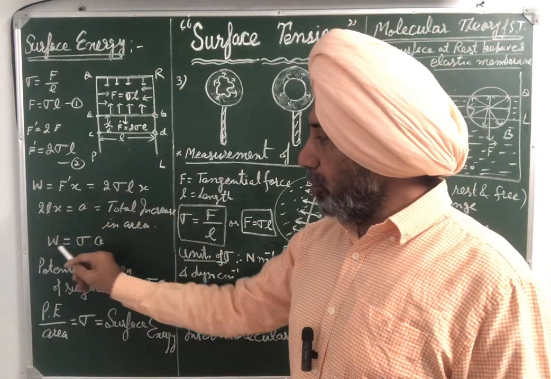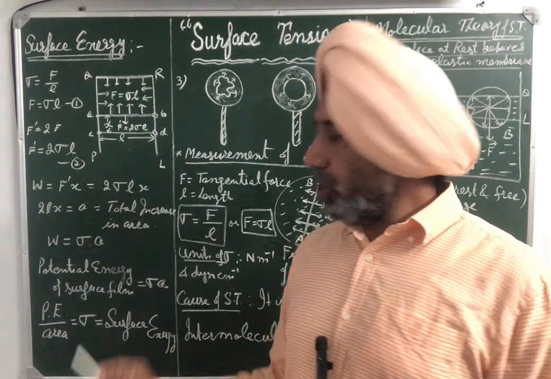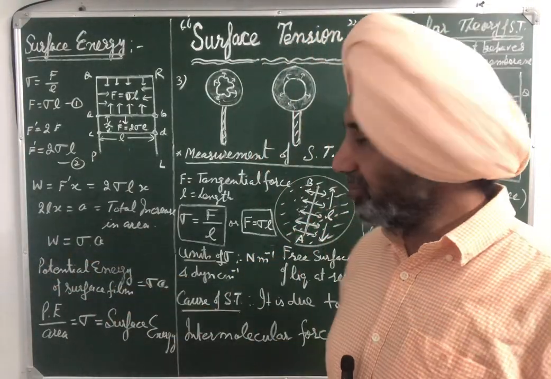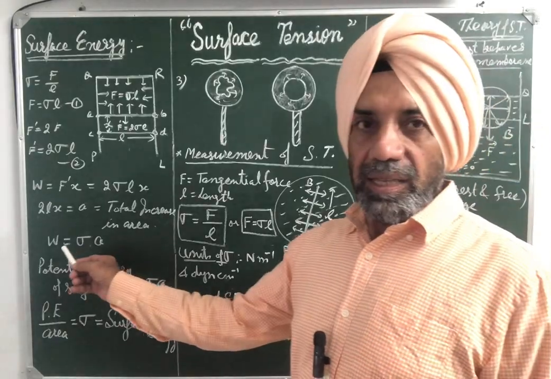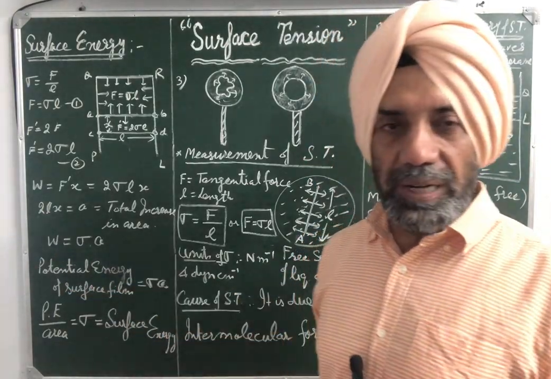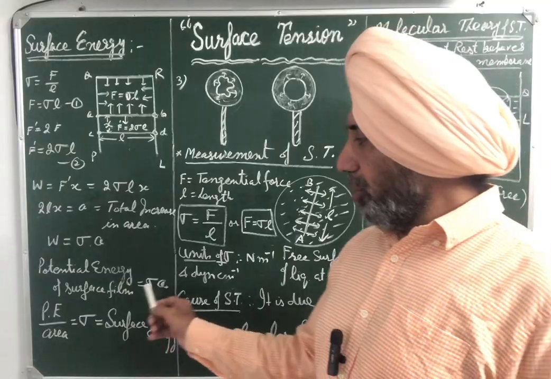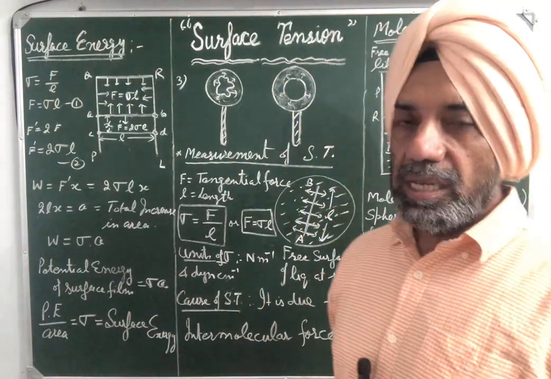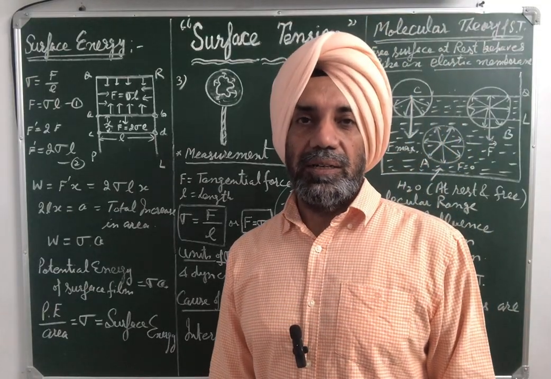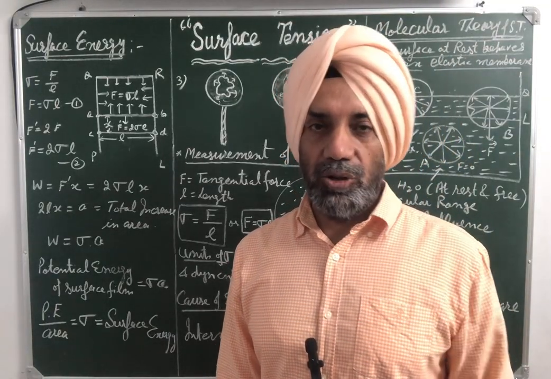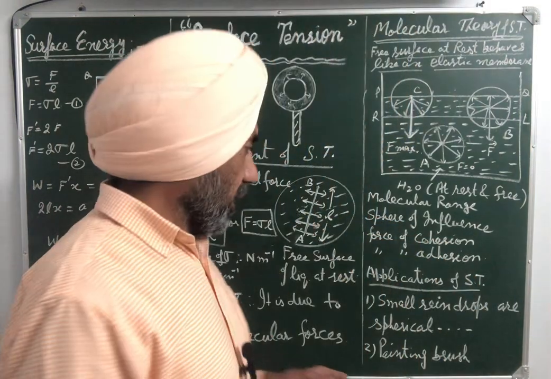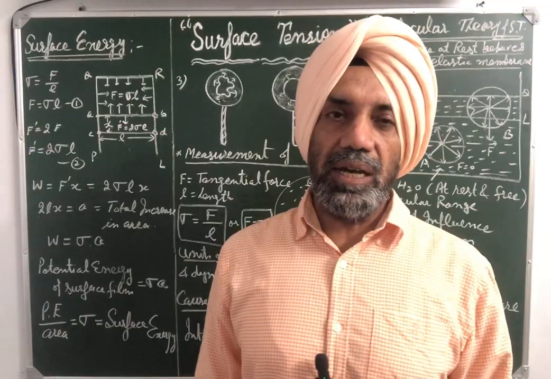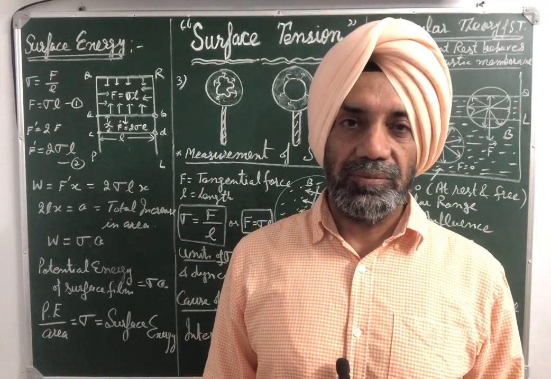Therefore work done is equal to sigma into A. This work done is stored in the film as its potential energy. So this is called the potential energy of the surface film. Therefore potential energy per unit area is equal to sigma, and this is called the surface energy of the film. So the surface energy of the film is nothing but the surface tension of the liquid.